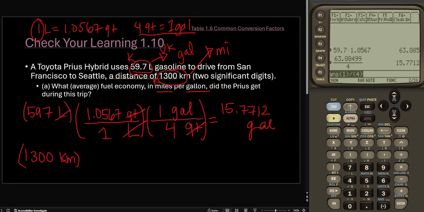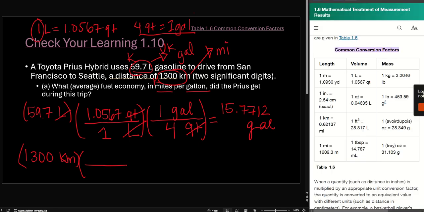We don't have to do this 2-step how we did earlier for gallons. Now, what was it again? I forgot already. So it is 1 km equals 0.62137 miles.